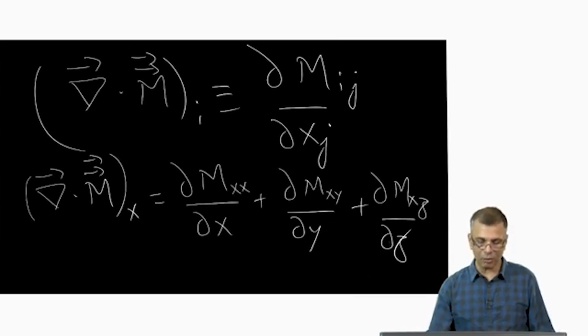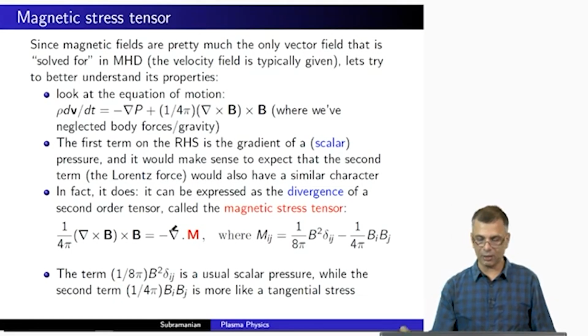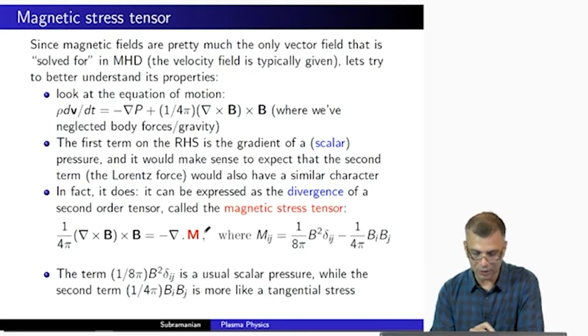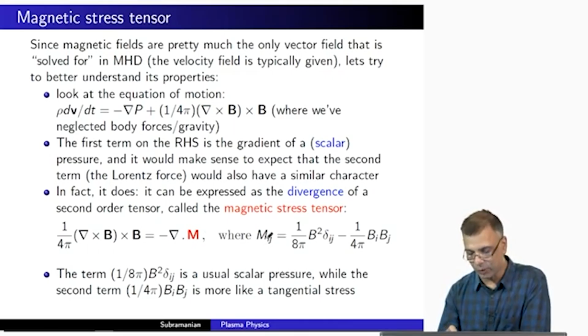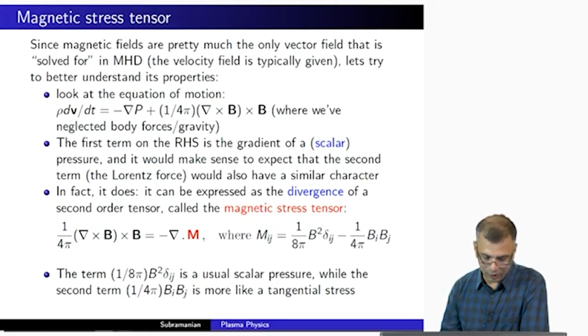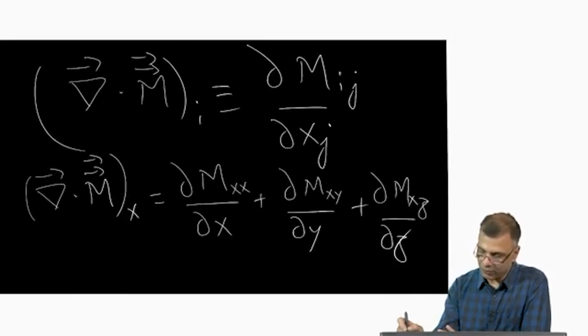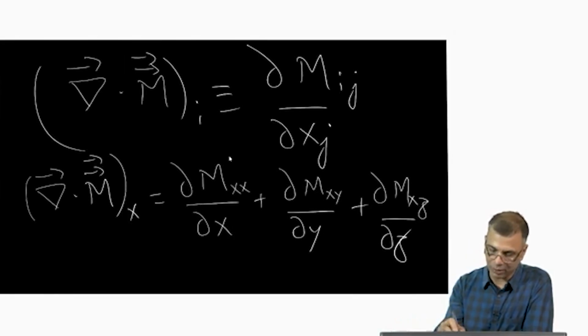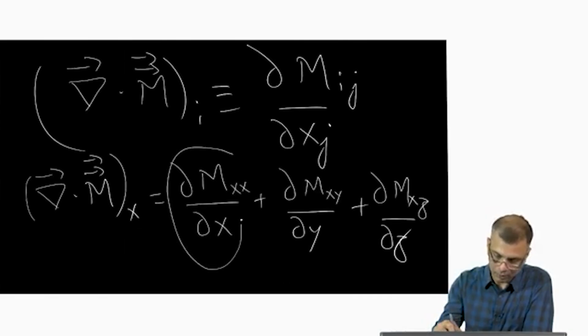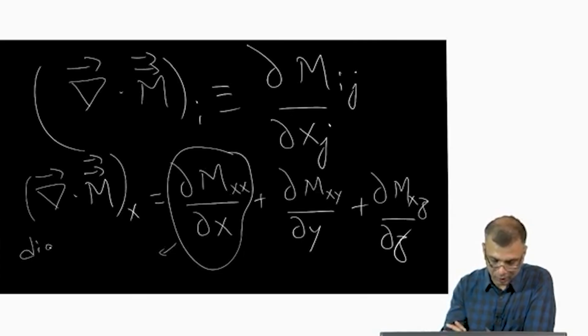So, now let us go back to our slides and let us look at this. So, this is what I was saying. This is the magnetic stress tensor, where the ijth component of the stress is written as 1 over 8 pi B square delta ij minus 1 over 4 pi B i B j. So, this would be the diagonal term.